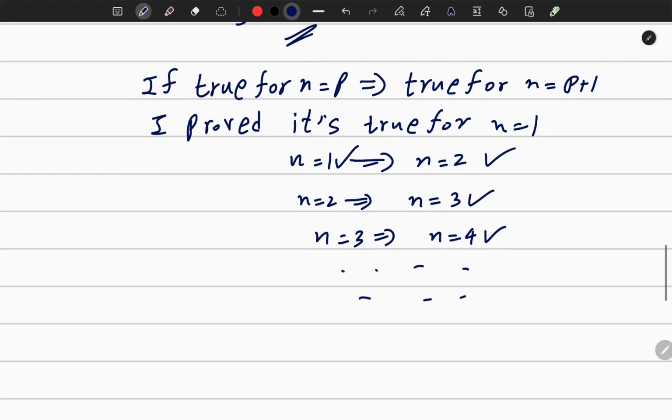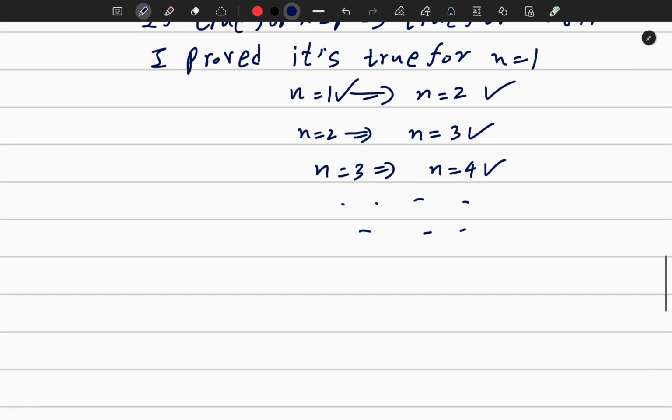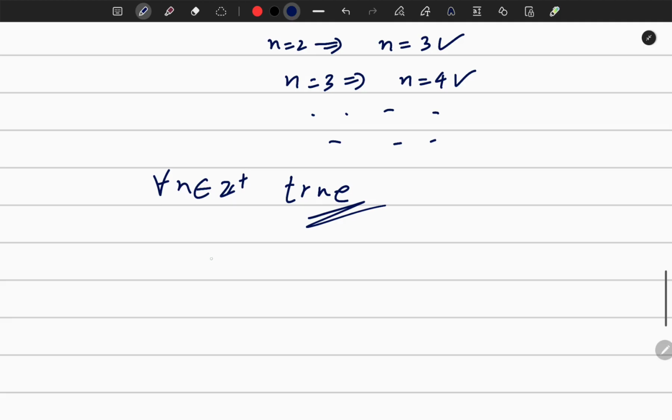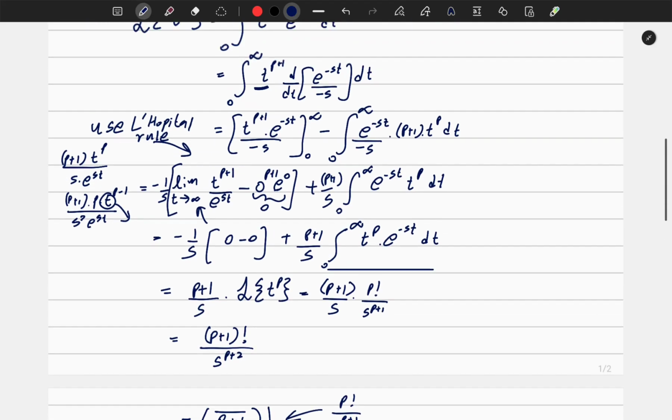So this sequence goes on. This is basically induction, right? So I can say by induction this is true for all n in Z plus, so positive integers. That is the induction proof.